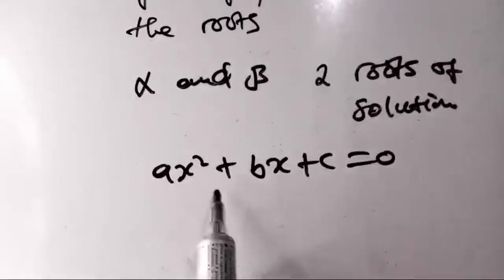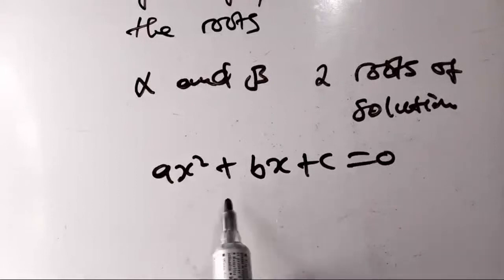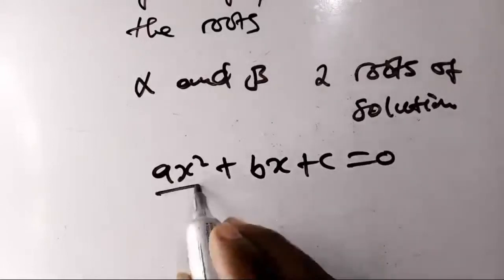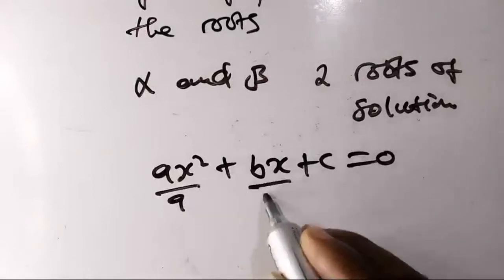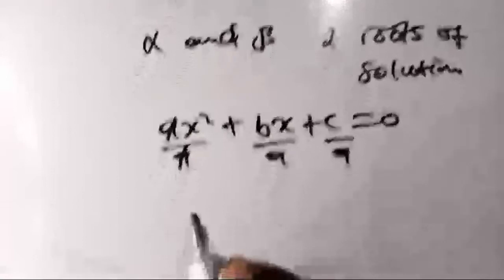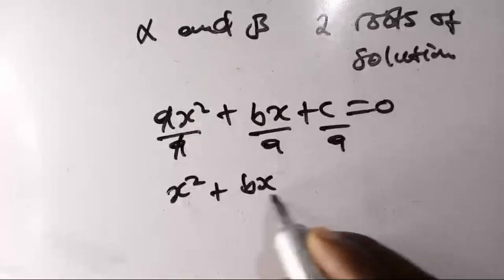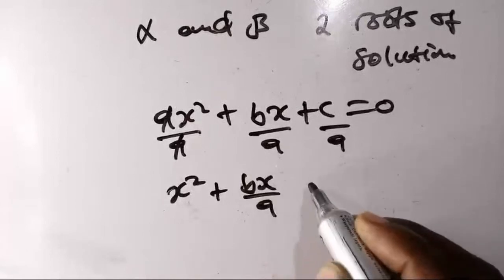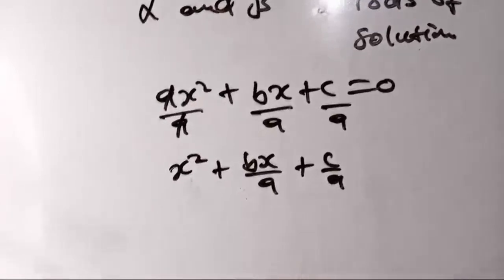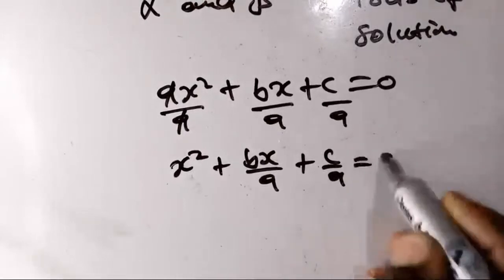And for you to find alpha and beta in this quadratic equation, you have to divide throughout by a, in which you're going to remain with x squared plus bx over a plus c over a, equals 0.